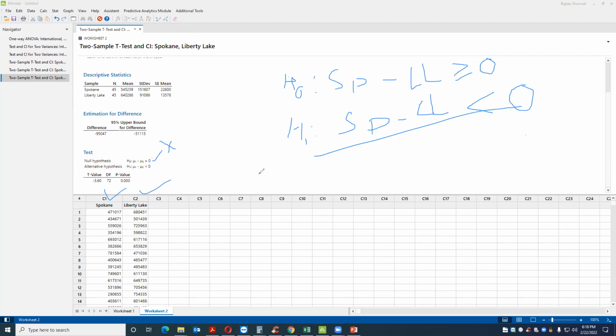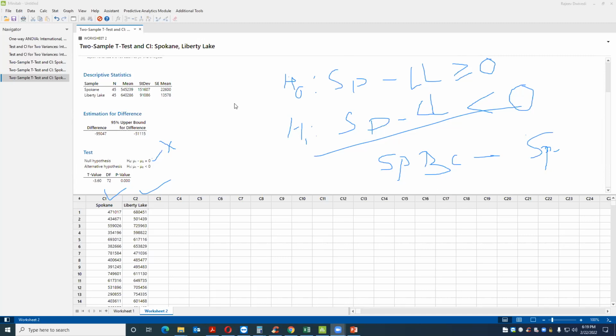So there is also a dependent sample. For example, you look at Spokane housing prices before COVID and Spokane housing prices after COVID. These are paired samples. This is called a paired sample. You can see your weight before fasting and your weight after fasting, or your salary before MBA and your salary after MBA.